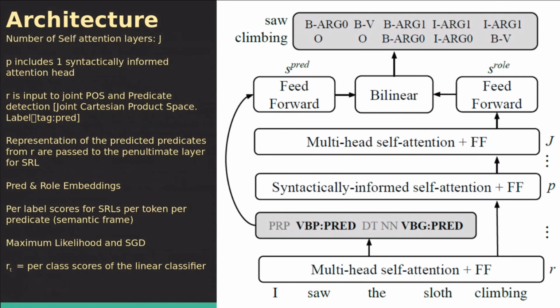For POS, does it come from a dictionary or is it learned? So, part of speech tagging, syntactic parsing, and semantic role labeling have been traditional tasks in natural language processing because only then you could do semantic analysis and a lot of other downstream tasks, including machine translation, traditionally.